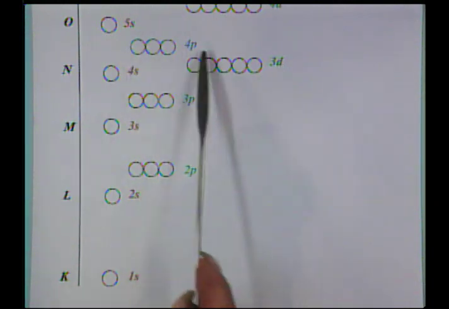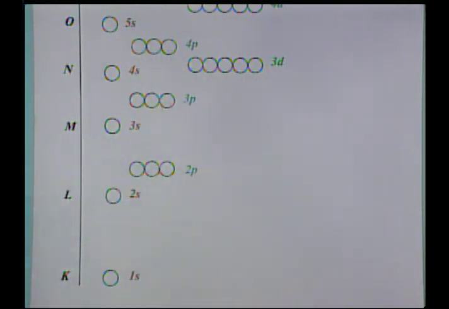And then we go on. Once the 3Ds are finished, we continue with the Ps, and then we round up that outermost shell again with 8 electrons. That means we have reached the noble gas that sort of wraps up the valence shell with 8 electrons. And then we start over again with the next higher shell.